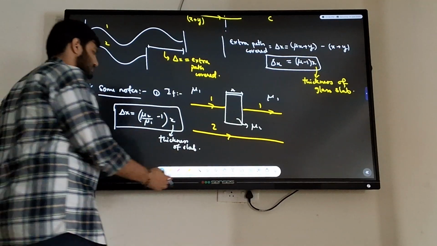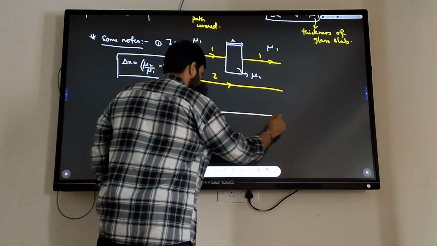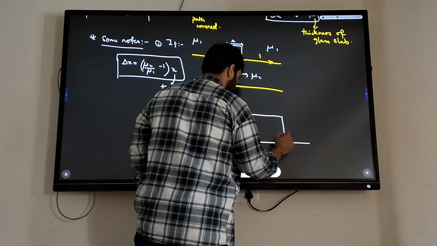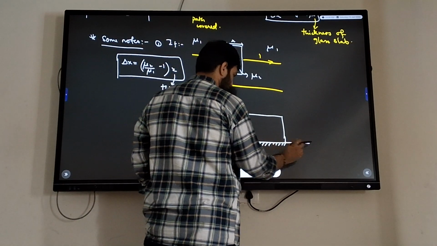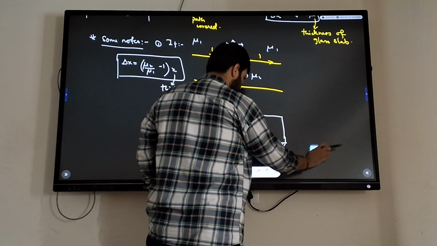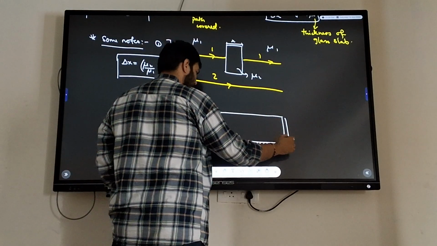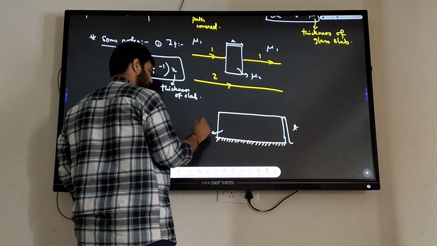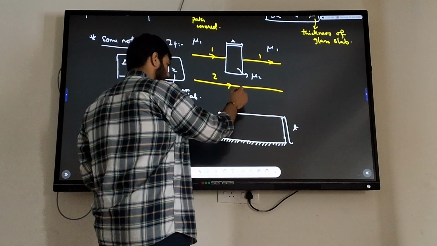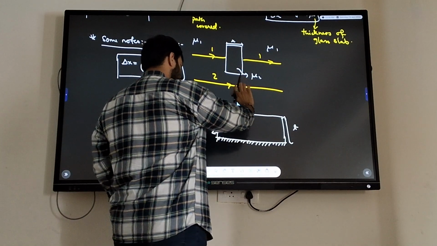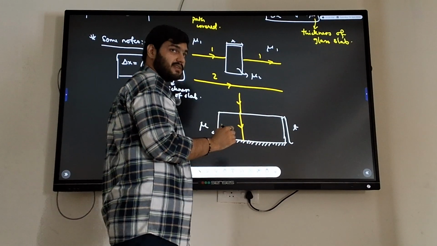Second point: if you have a glass slab like this, what does the lower surface act as? That acts like a mirror. So you have a glass slab of thickness t and refractive index mu, and let's say there is a normally incident ray. The ray comes like this, normally incident, it goes straight without any deviation.